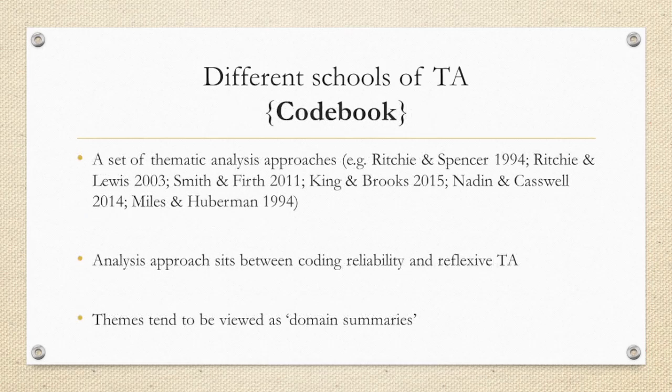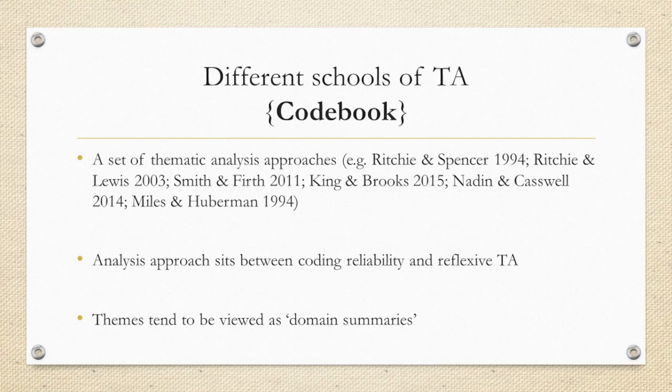Let's look at the second branch, or the second school of thematic analysis, what they called codebook. This second set of thematic analysis approaches includes the works by the following authors.